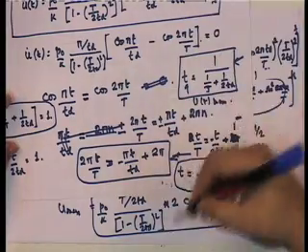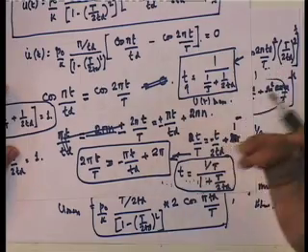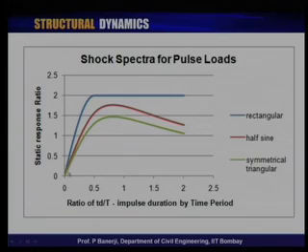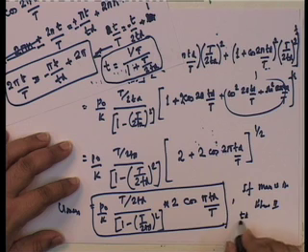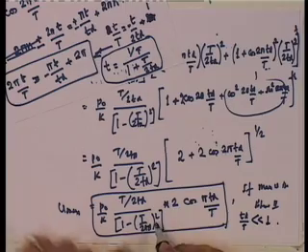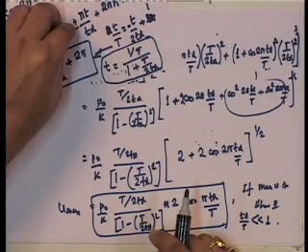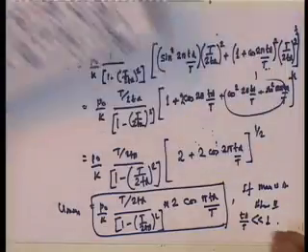Whichever is the larger value is the one that is operational. Typically when Td by T is very, very small, this operates, because when Td by T is very much less than 1, it does not get a chance to do this, and therefore it will always be this.